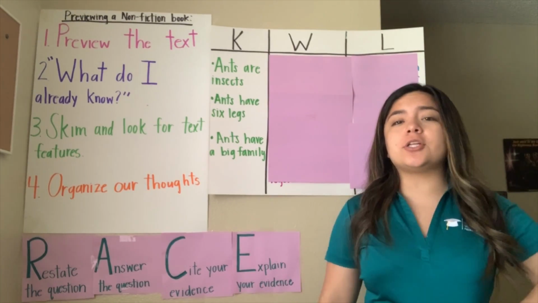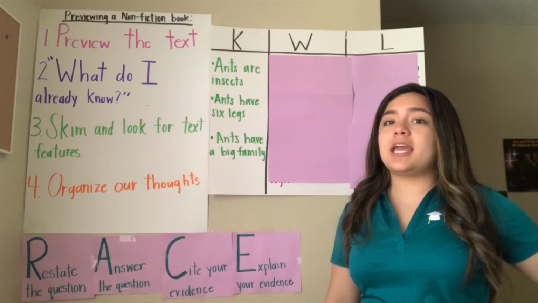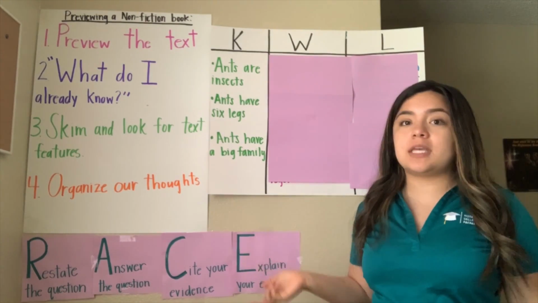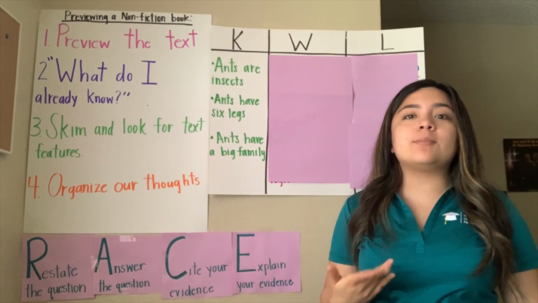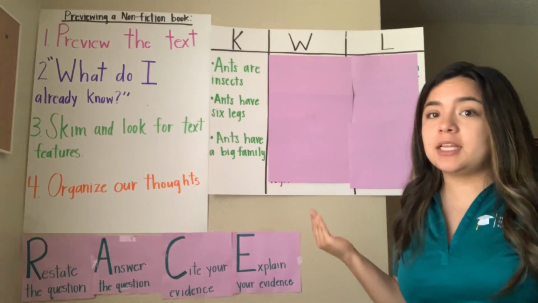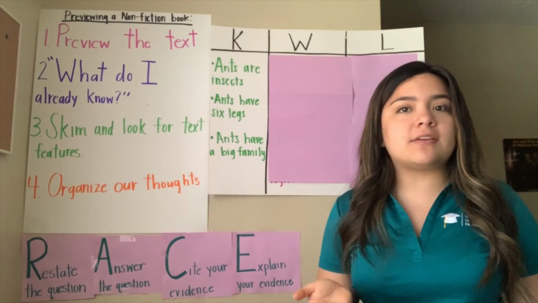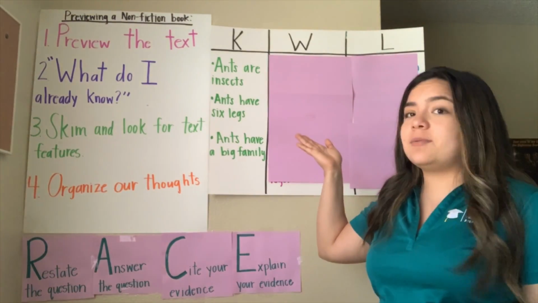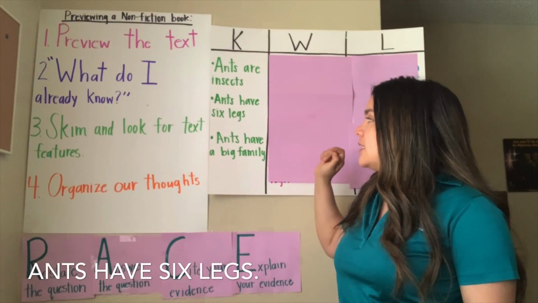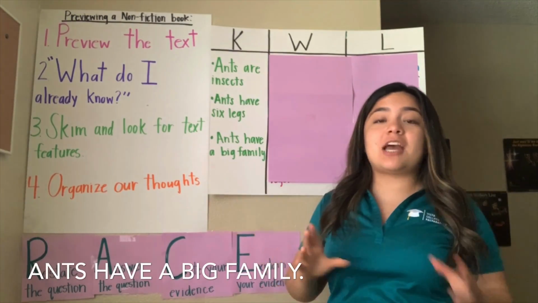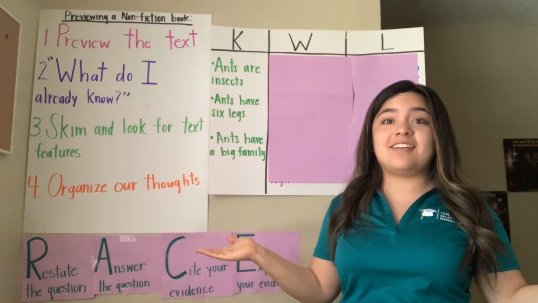Like I said earlier on Monday, it's okay if you don't have the same answers as me or the same things written down, because we're not in person, so that's okay. These are just some of the things I wrote down that I think you might have said. Ants are insects, ants have 6 legs, and ants usually have a big family.